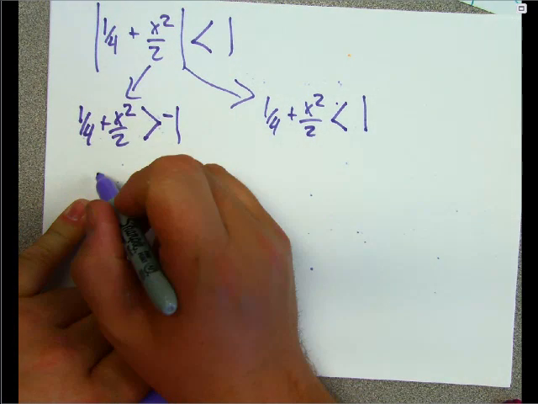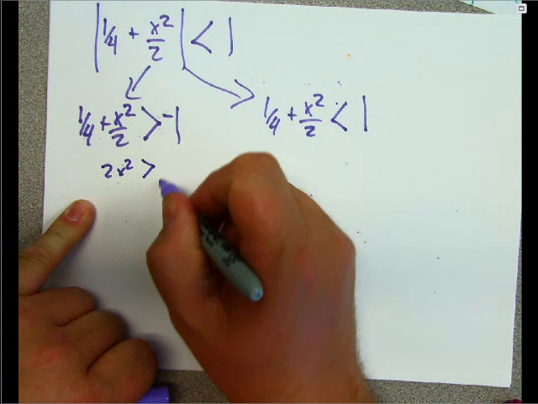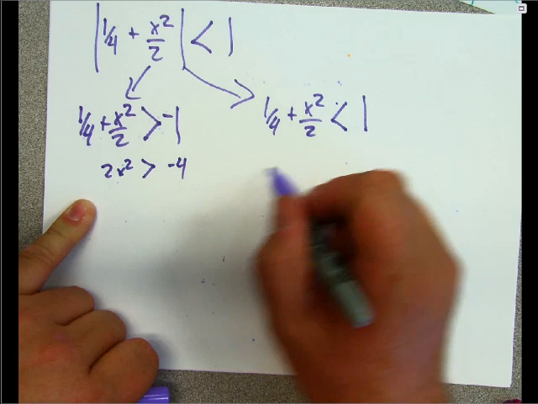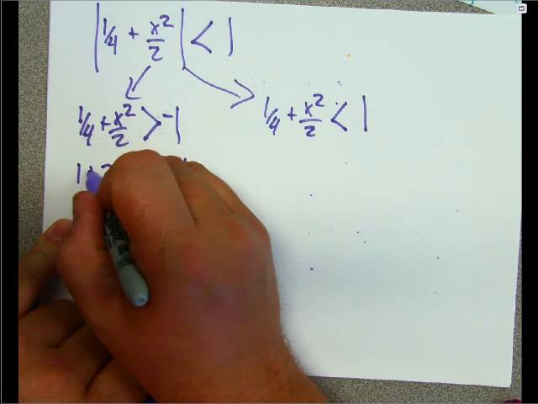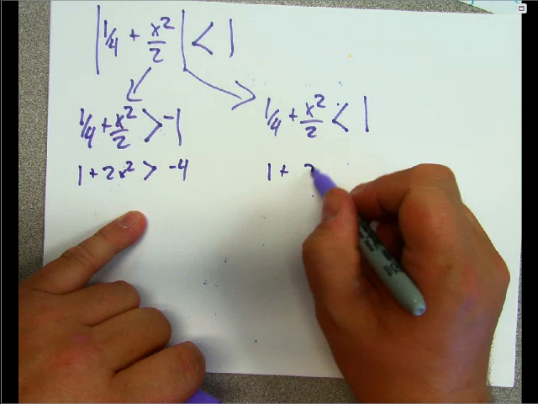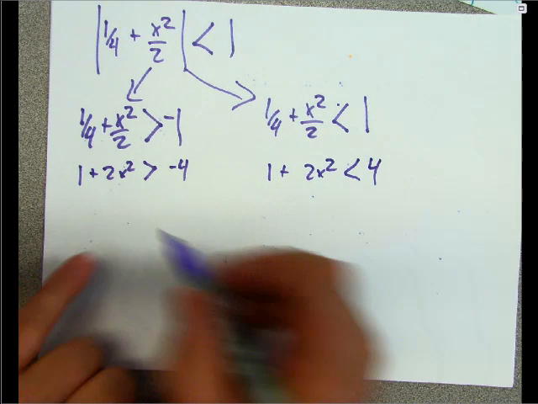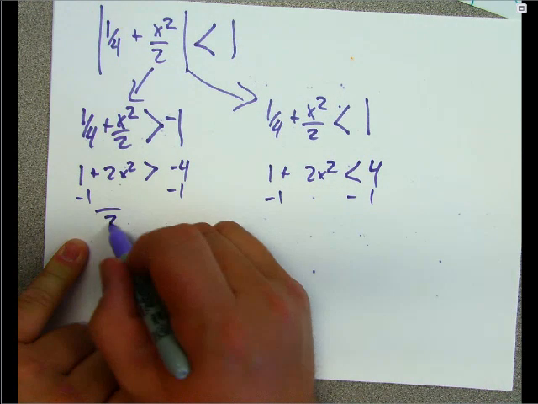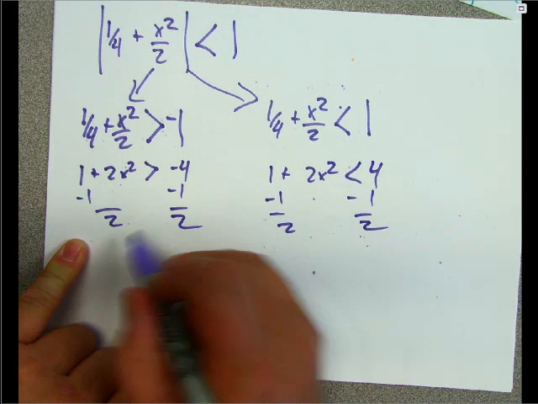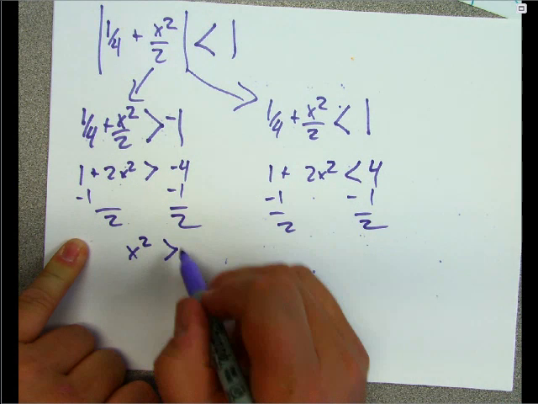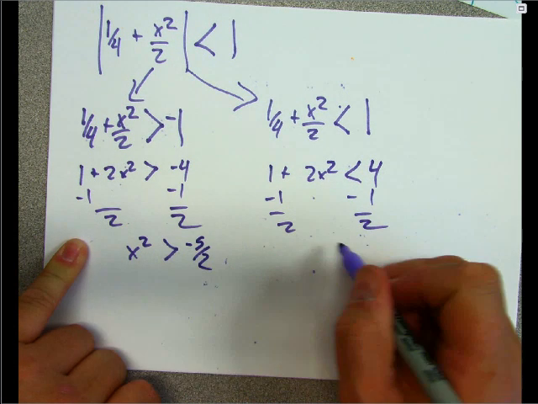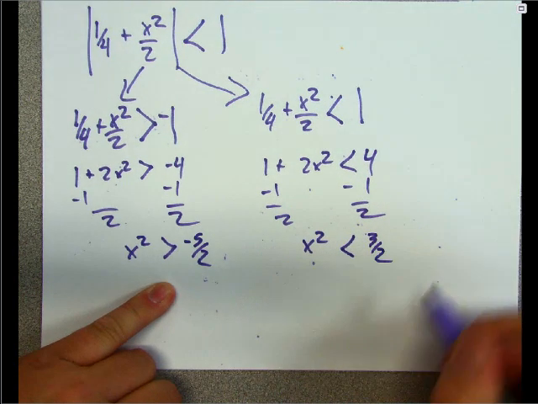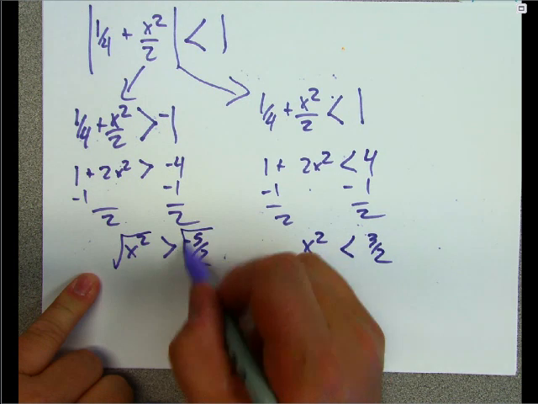Let's multiply everything by 4, so I get 2x squared is greater than -4, and here I get 1 plus 2x squared is less than 4. Minus 1, minus 1, and divide by 2, divide by 2. x squared is greater than -5/2, and x squared is less than 3/2, and I square root both sides.